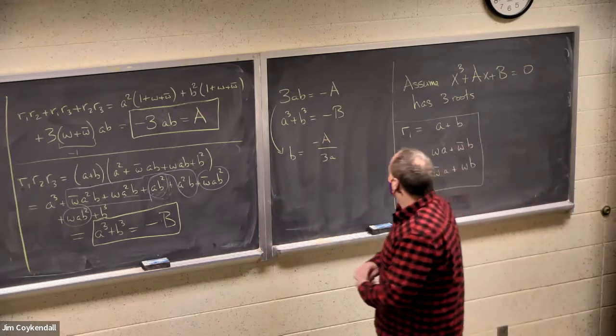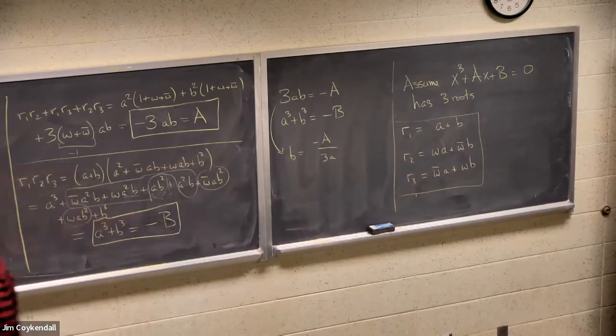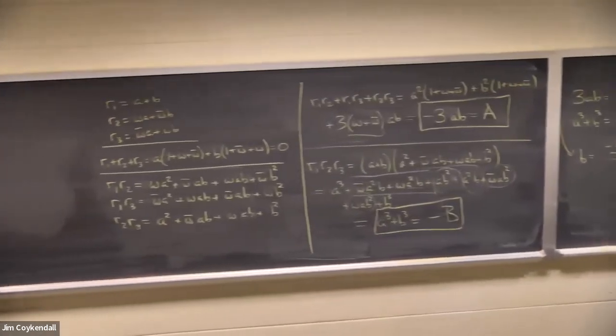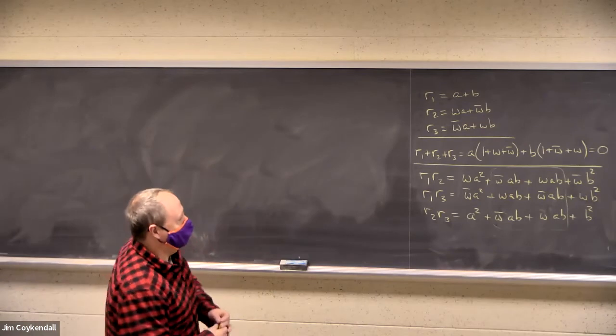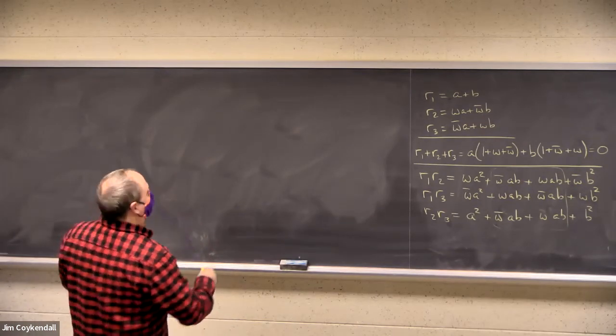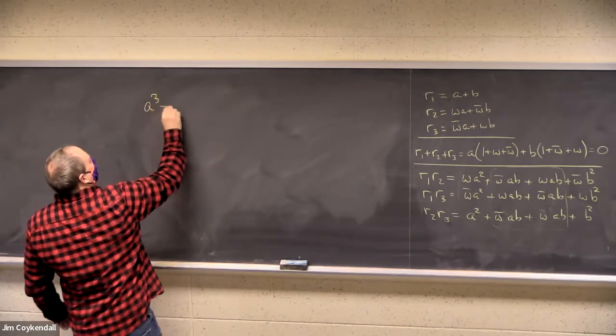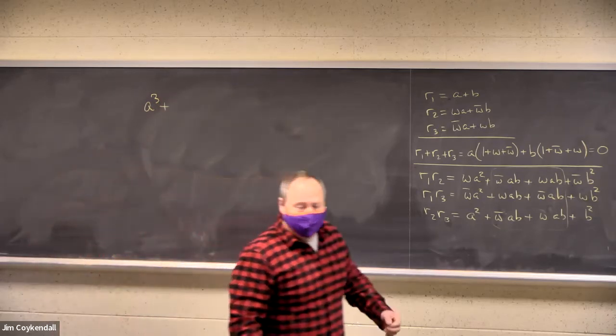And now let's see what happens. Let's put this back into this equation. And what I'm going to get is, I almost keep saying this up, it's getting kind of exciting here, because what I get is A cubed plus B cubed.